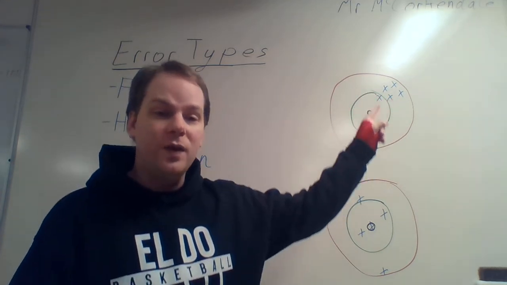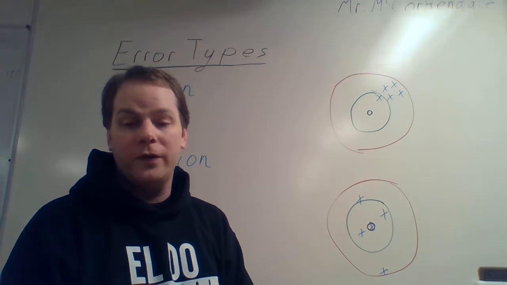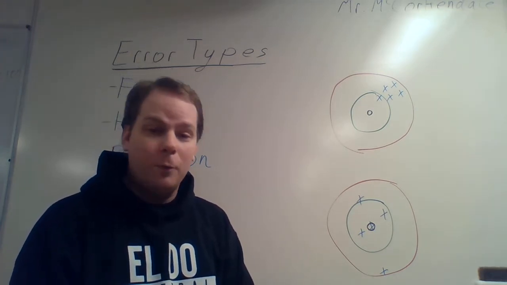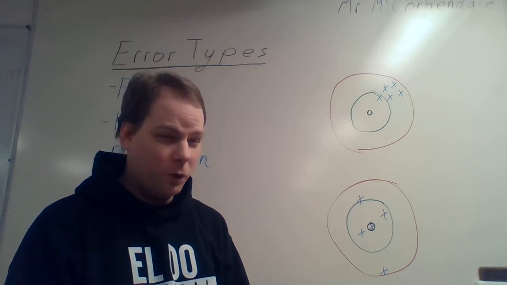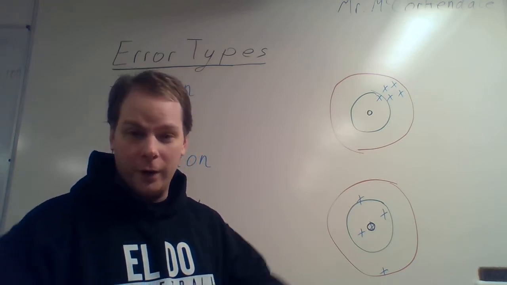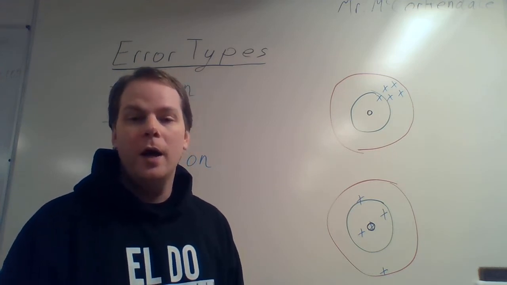So they are consistent with their shooting. So if your numbers are all the same, but they're not where they should be, that would be precision. If your numbers are kind of all over the place, but their average comes out to be really close to what you're after, that would be accurate.